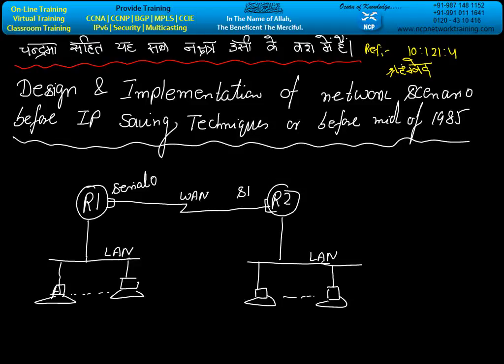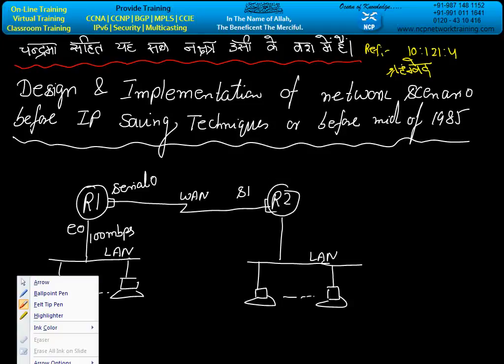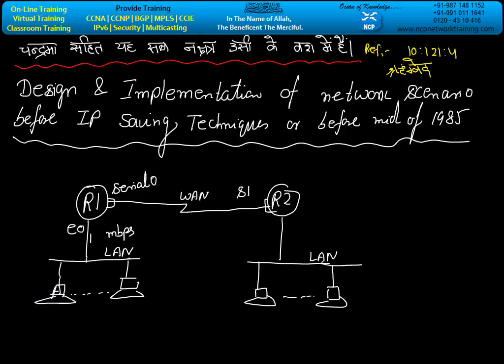Let's say the port of R1 is Ethernet. Ethernet means 10 Mbps port, 10 megabit per second. And if R2 has the fast Ethernet port, fast Ethernet means a port supporting 100 Mbps.